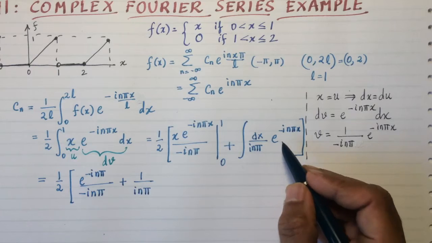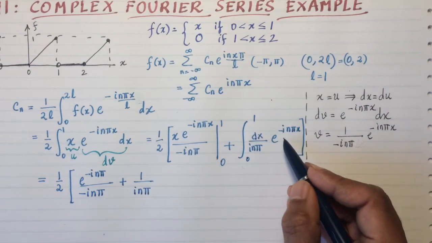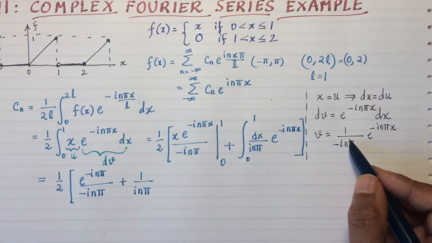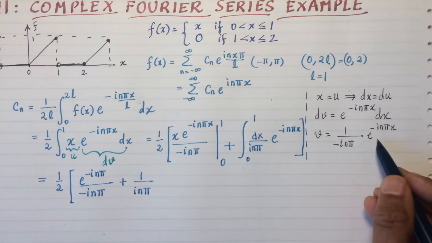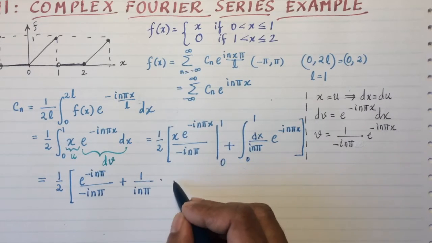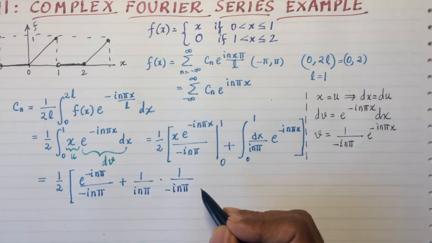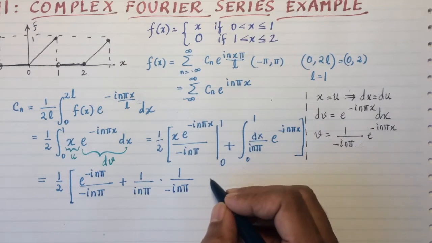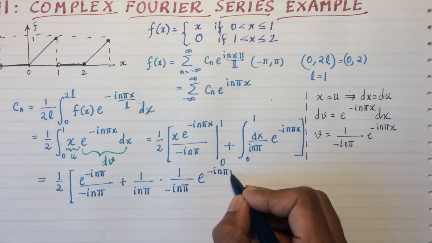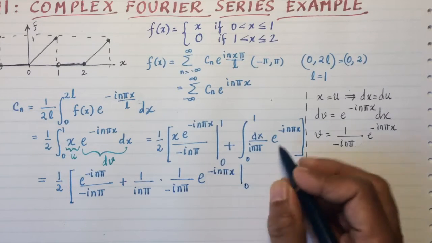The integral of e to the minus i n pi x is simply the same thing, 1 over minus i n pi e to the minus i n pi x. So I'll get another factor like that, e to the minus i n pi x from the limits from 0 to 1.